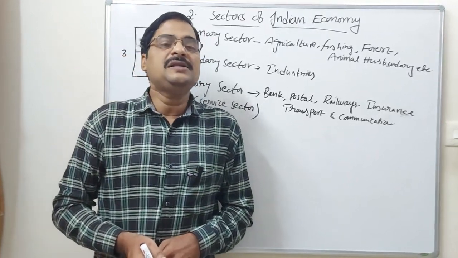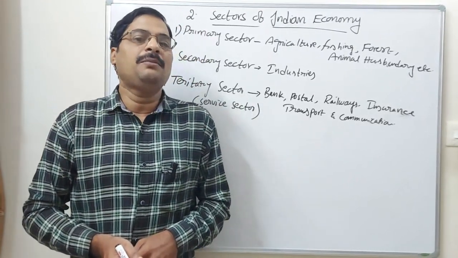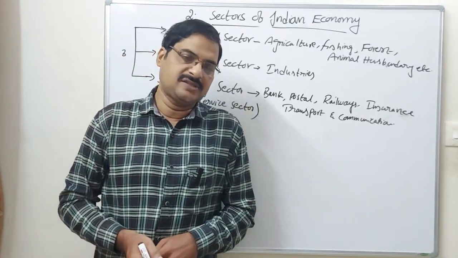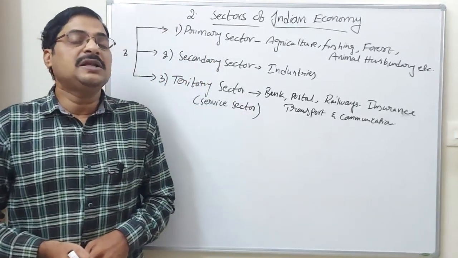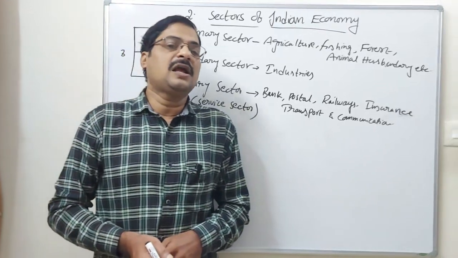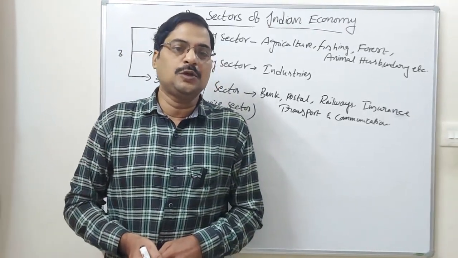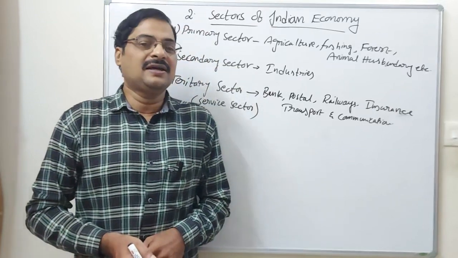Because the primary sector supplies raw materials to industries. Continuously, raw materials are coming from the agriculture sector to the industries sector.